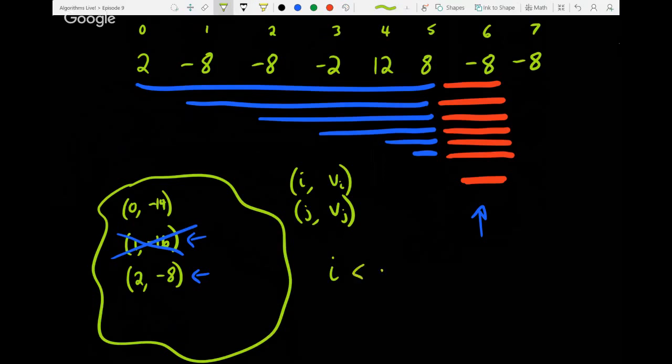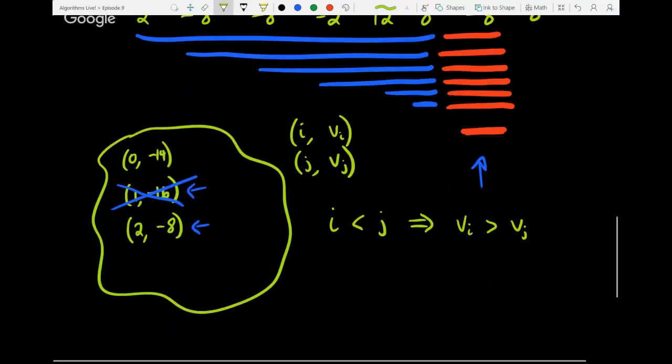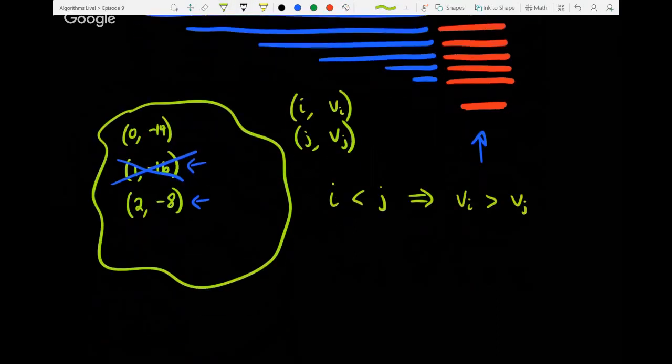If I is less than j, then in order to even consider it being around, what I could do is maintain that v of I has to be strictly greater than v of j. If this is not true, then this I isn't worth keeping around. It should be fairly obvious to see because I have a shorter subarray that meets the criteria.